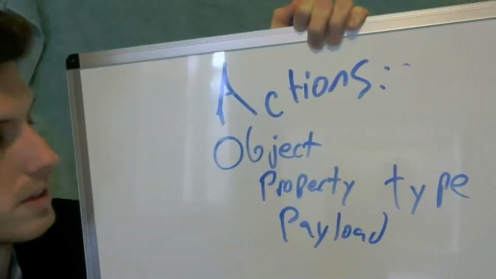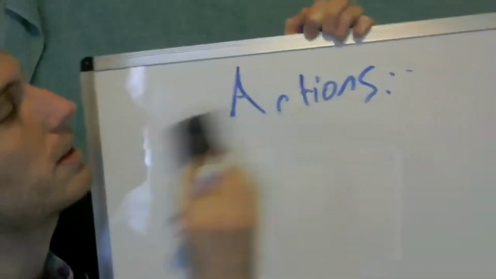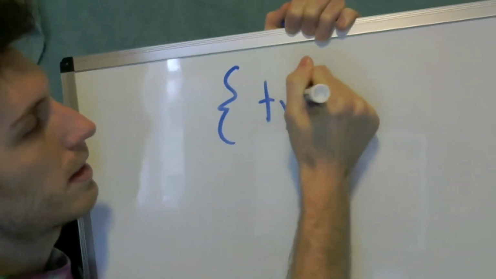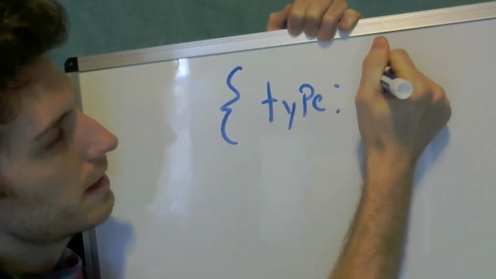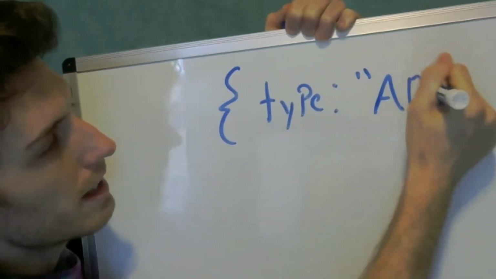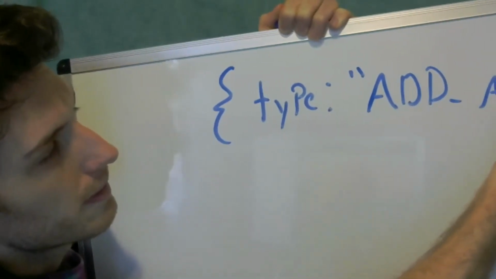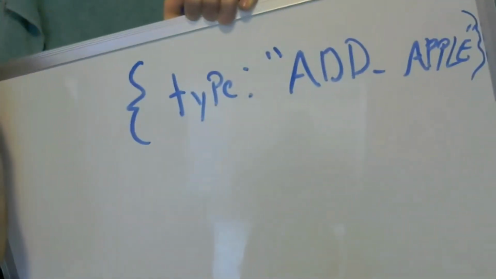Exactly. So the example that we saw Wednesday was we had this type in here where we said like add apple or something along those lines, right?